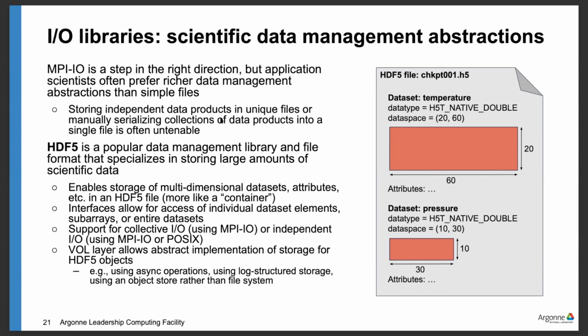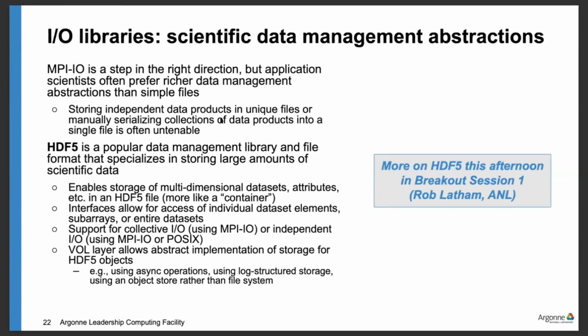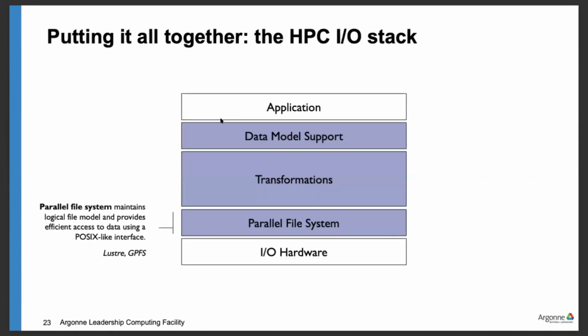So it provides a lot more flexibility for how the data is actually stored. And again, there's an example file here illustrating how a single HDF5 file can contain multiple data sets that might be related and useful to bin together. We'll hear more on HDF5 this afternoon in breakout session 1 from Rob Latham.